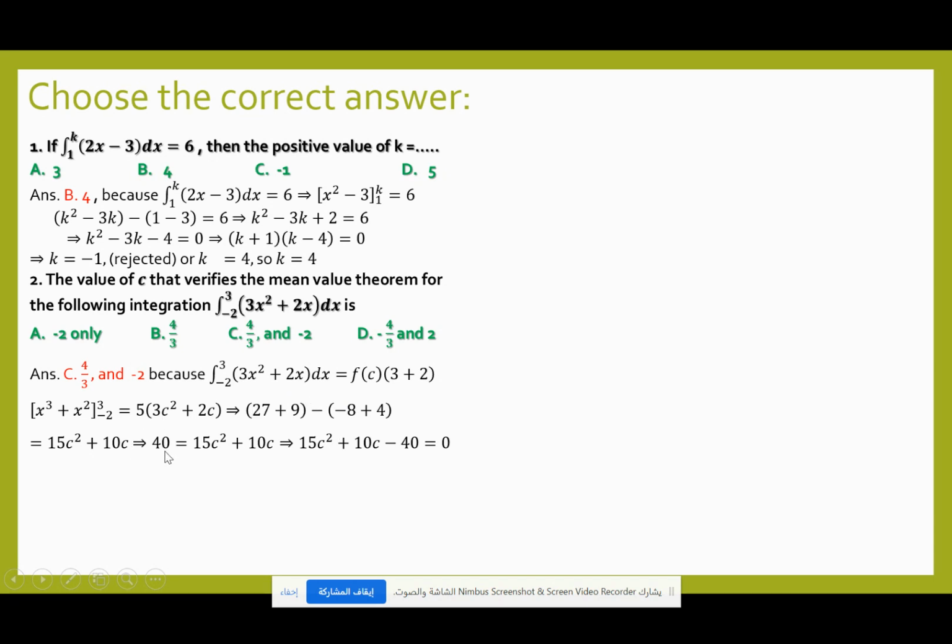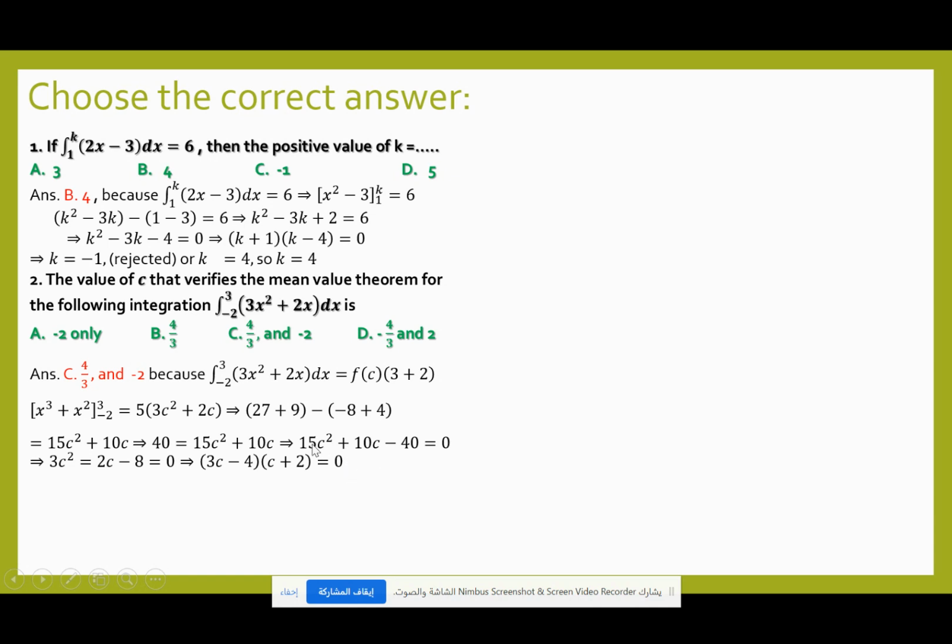Then you can say that 15c squared plus 10c minus 40 is all equal to 0. Why do you have to equal it to 0? Because it is a quadratic, and a quadratic should always be equal to 0. Now how to factorize it by opening two brackets like that. This is the first bracket, this is the second, by writing a 3c and here c plus 2. That all equals 0.